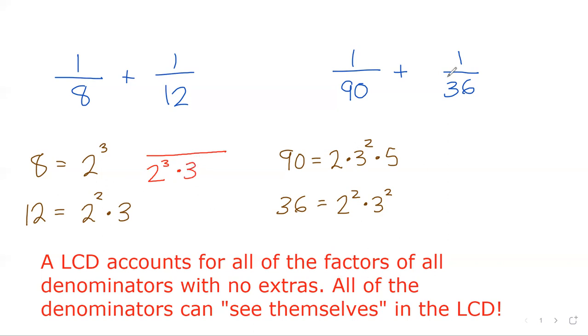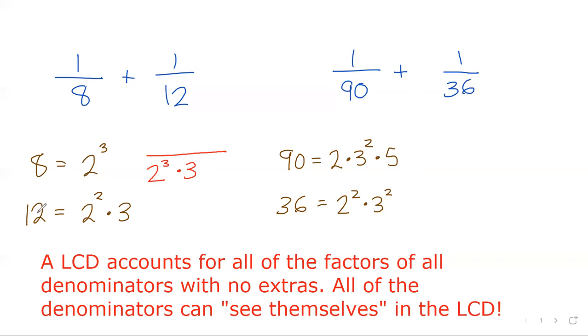And this second way of saying things: all of the denominators can see themselves in the LCD. Here's what I mean, to personify these numbers a little bit. 8 looks at this denominator and says, I'm 2 cubed. Do I see myself there? Yes, I do. I see 2 times 2 times 2.